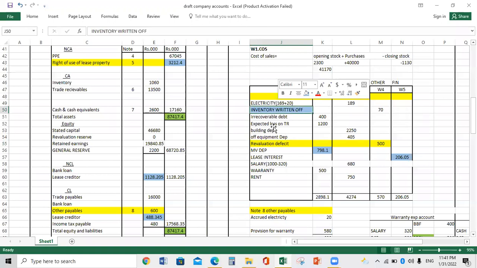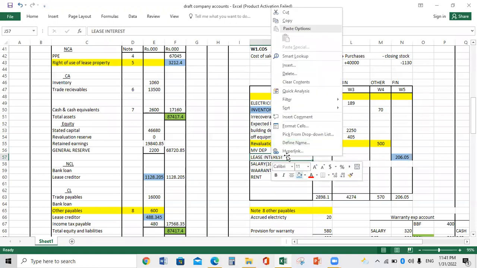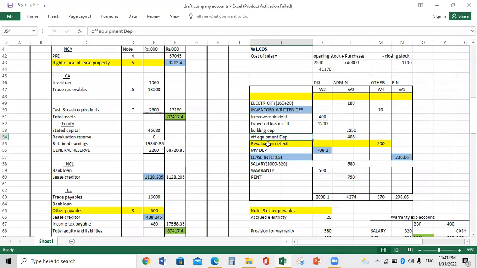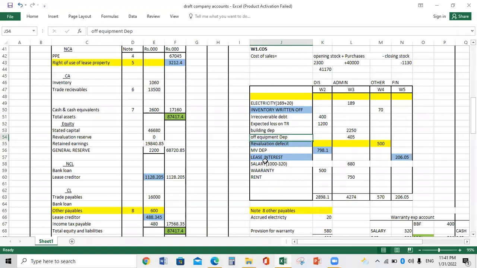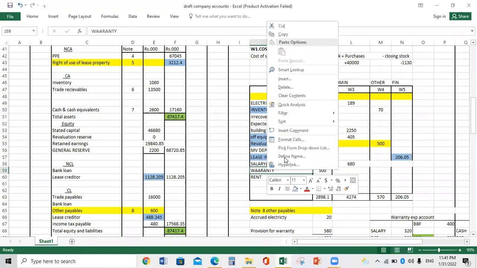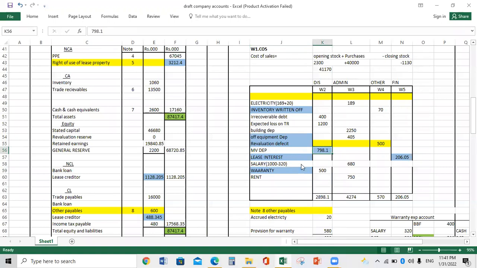Always interest will come, remember that. And depreciation also will come. And the revaluation loss, you can even record the warranty. These are the important expenses. Now let's record it one by one. 4 is enough. Don't go and write more than 4.